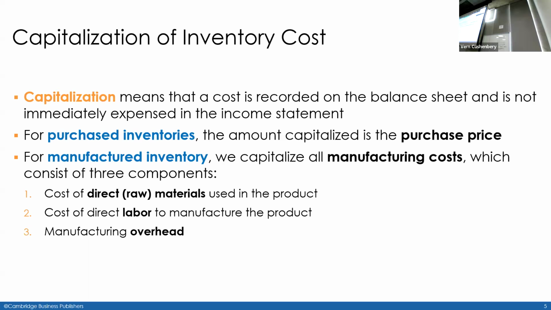So that's 1, 2, and 3 at the bottom of the slide there. 1, 2, and 3 would seemingly make a lot more sense to expense immediately, but again, we have to match those with the sales that we will make in the future. So we gather up all those costs, put them on the balance sheet in that inventory line item. That inventory line item just catches all of these expenditures. Those expenditures ultimately end up on the income statement when those goods are sold.